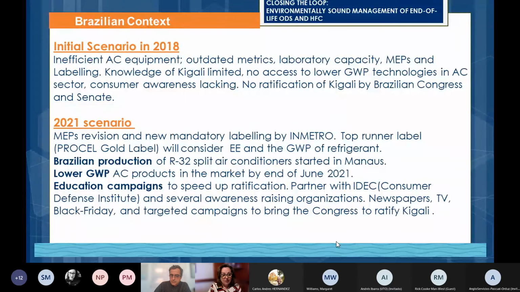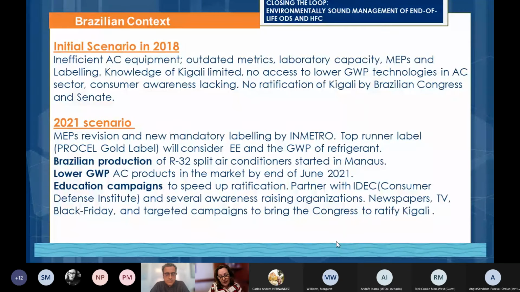High efficiency air conditioning units with lower GWP fluid were not manufactured in Brazil, nor existed in the local market. No awareness program existed to educate the consumer to select better products. And Brazil was at a very early stage of the Kigali Amendment ratification.